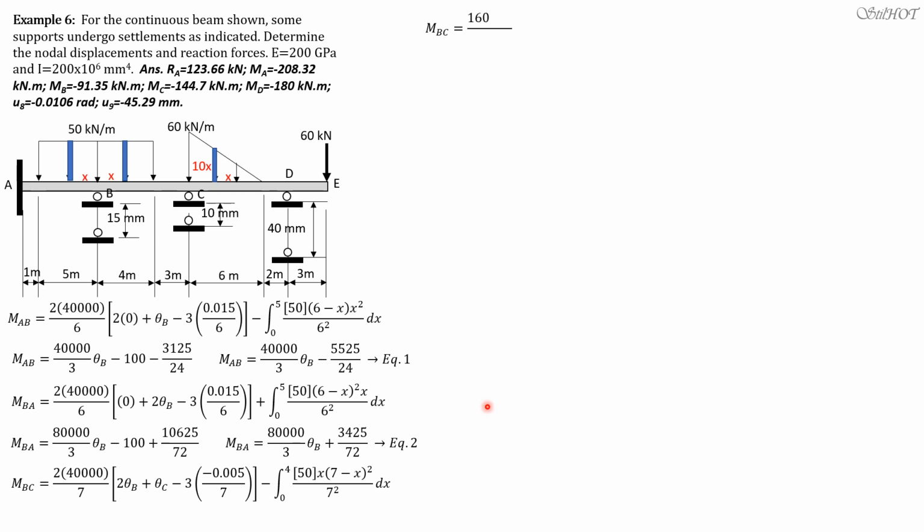Simplifying, moment BC is equal to 160,000 over 7 theta B plus 80,000 over 7 theta C plus 1,200 over 49, then the value of the integral minus 23,600 over 147. Simplifying, MBC is 160,000 over 7 theta B plus 80,000 theta C over 7, then minus 20,000 over 147. Call that equation 3.